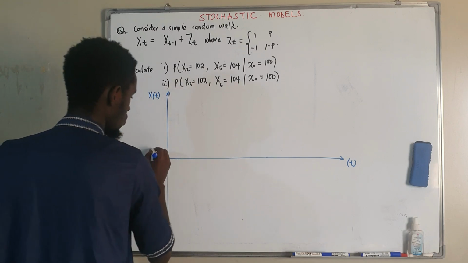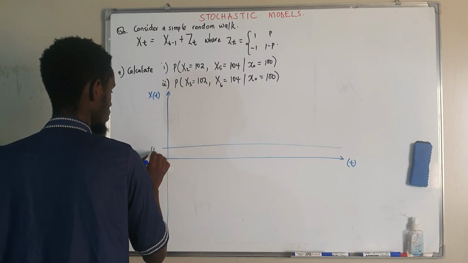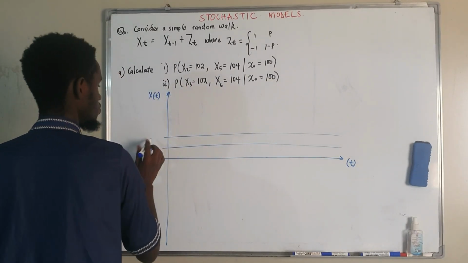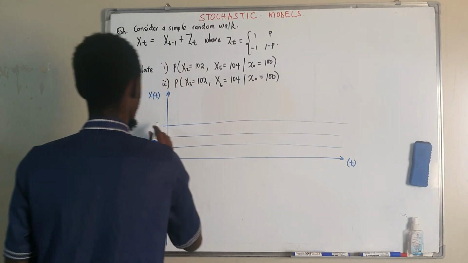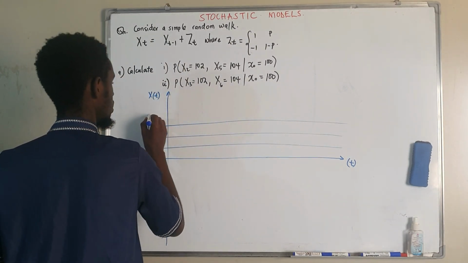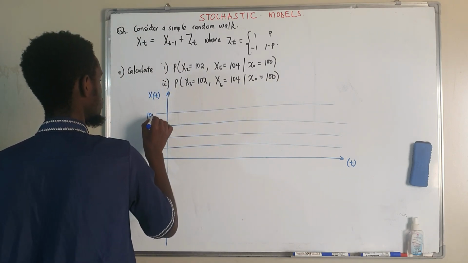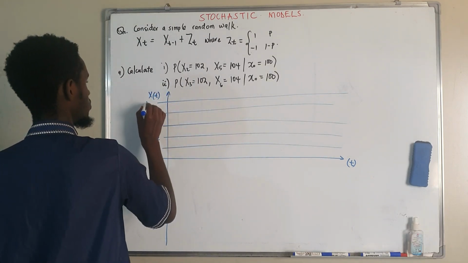Then I'll have more. This is going to be 101, here I'll have 102, I will have 103, I will have 104, then lastly 105.